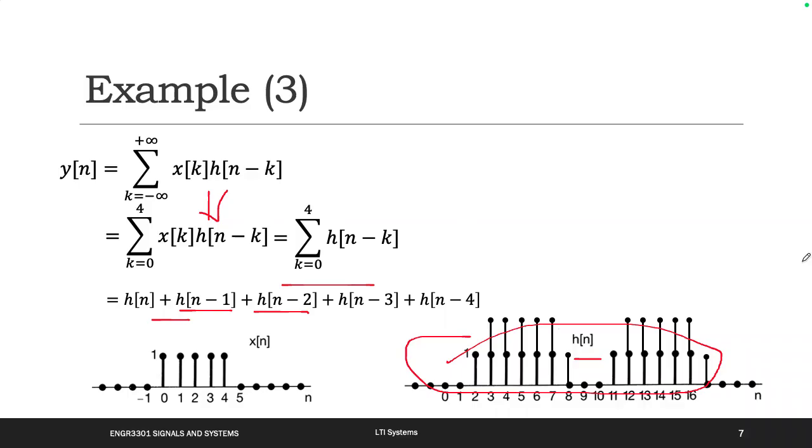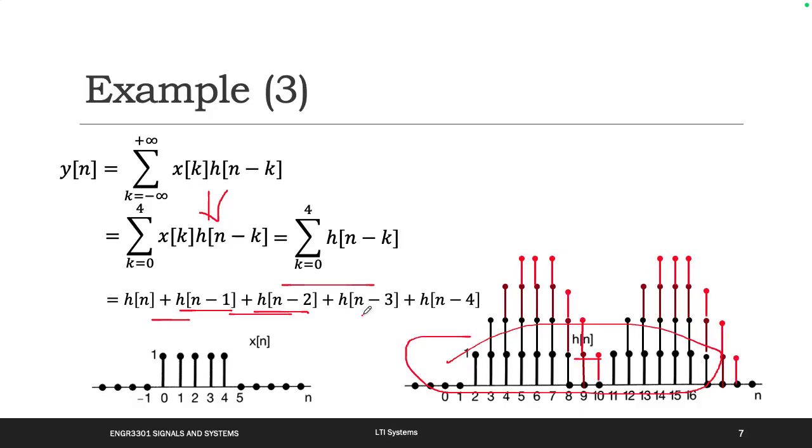Shift 2 units, and then you add them together, you get this one. And then hn minus 3, similar: you shift and add. And hn minus 4, you shift and add. And then this is your yn. That makes sense to you?